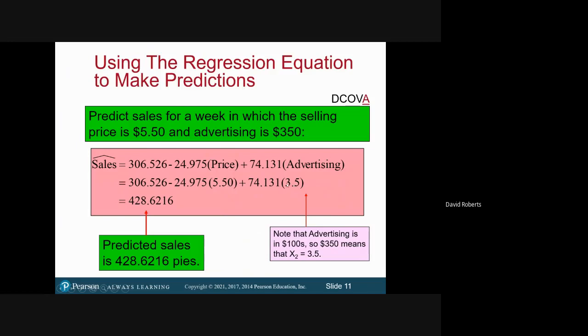So you plug the numbers in, do the math. With zero other factors, you would have had 306, but your predicted pie sales is almost 429 pies, 428. That's just with price and advertising as your two factors.